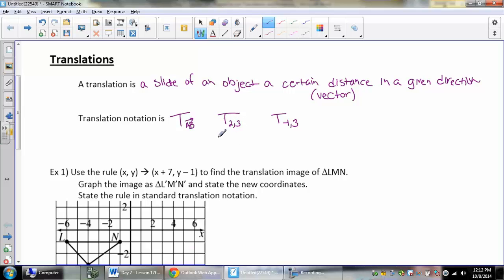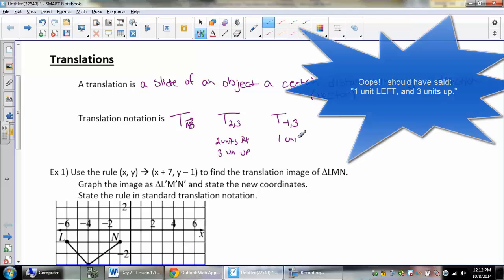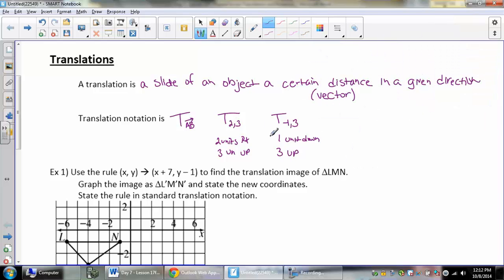So T(2, 3) means 2 units to the right, and the 3 means also go 3 units up. If I see T(-1, 3), that means 1 unit left and 3 units up. Okay? So these numbers represent your left and right, and your up and down for translation notation.